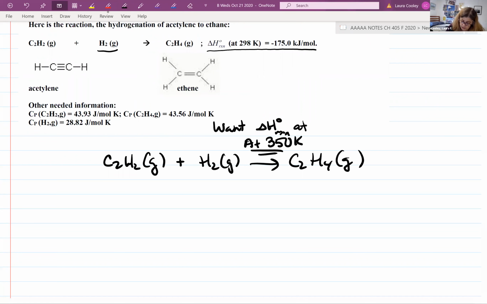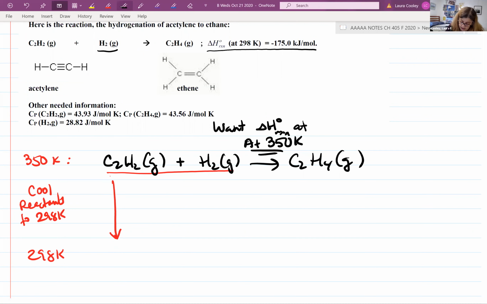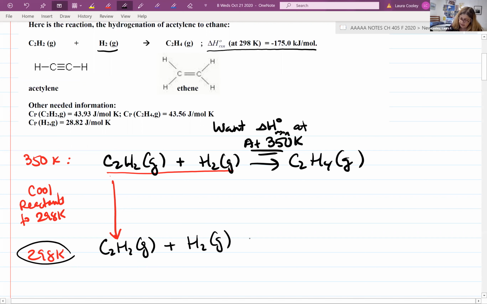So I'm going to take the reactants, at least in my mind, and cool them to 298 Kelvin. So now this is 350, this is 298, and I have my C2H2 gas plus H2 at 298 going to C2H4.